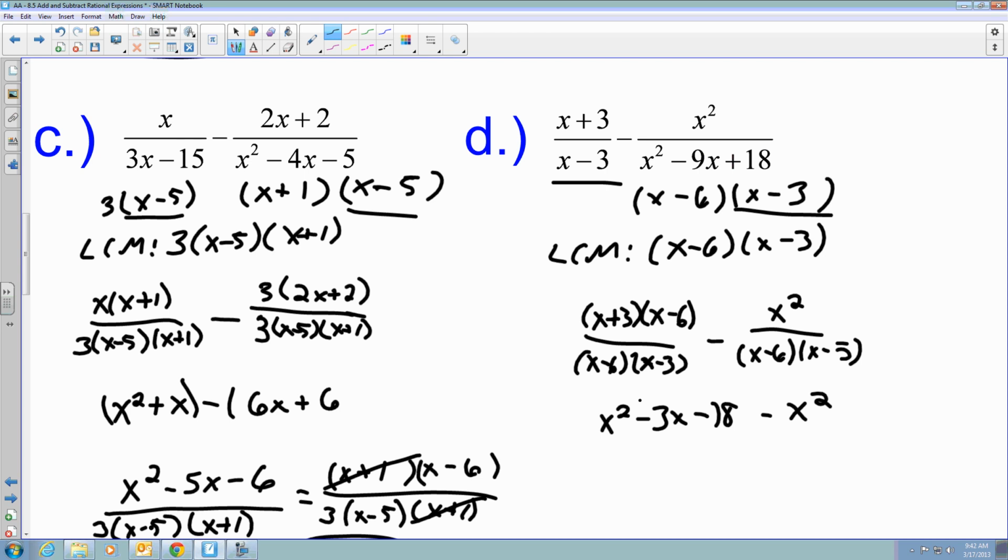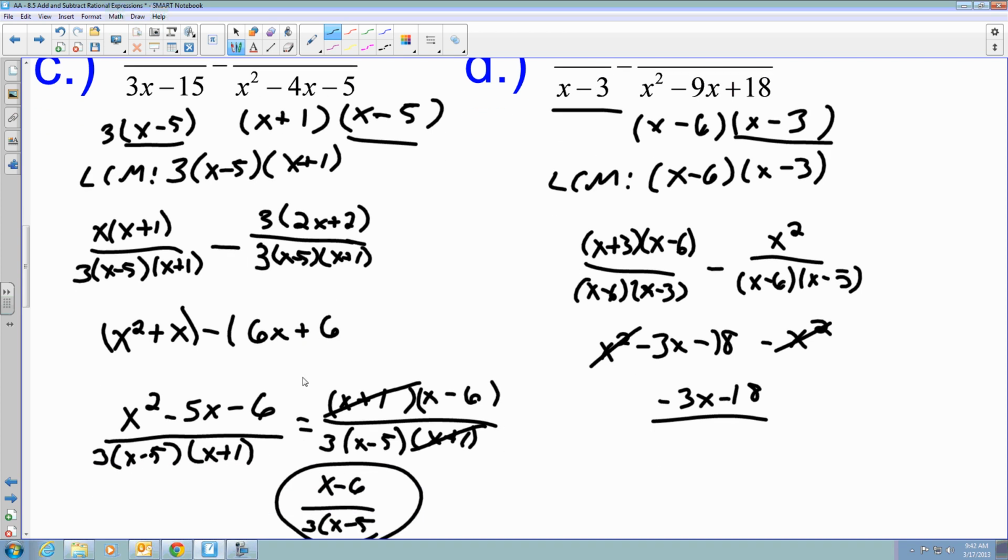And these will cancel out, so now I'm left with negative 3x minus 18, all divided by x minus 6, and x minus 5.